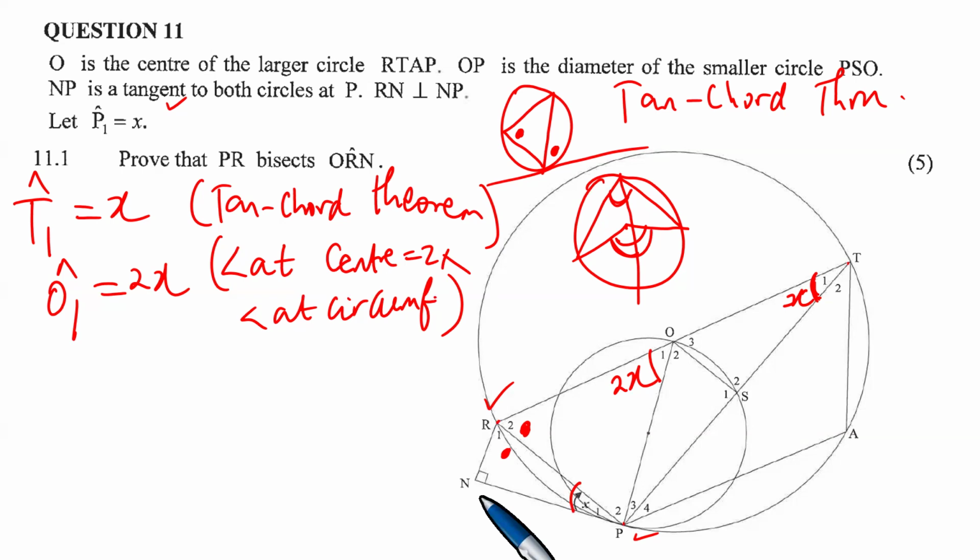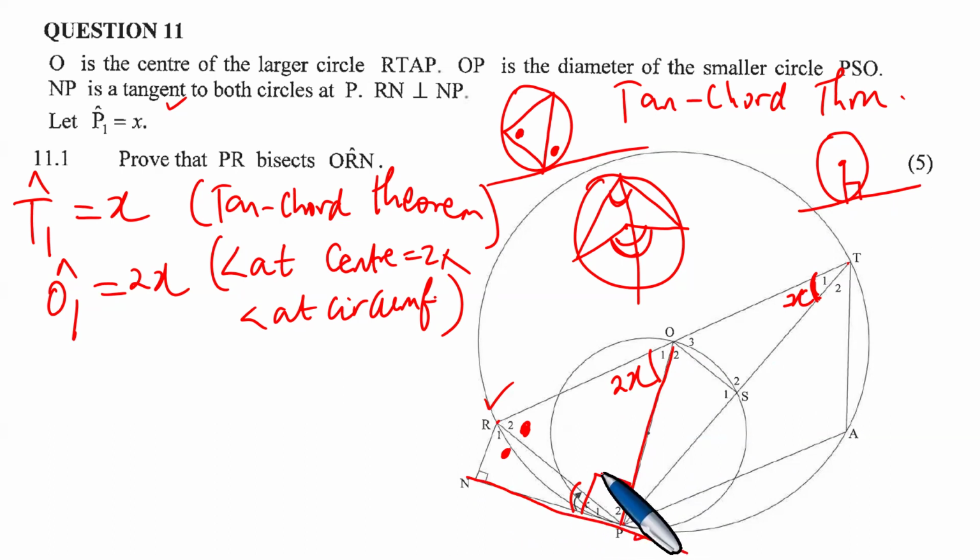Think very carefully. There are a couple of things here. This one is a tangent and this one is a radius. In mathematics, if you have a tangent and a radius, then they are always perpendicular to each other. They form an angle of 90 degrees.